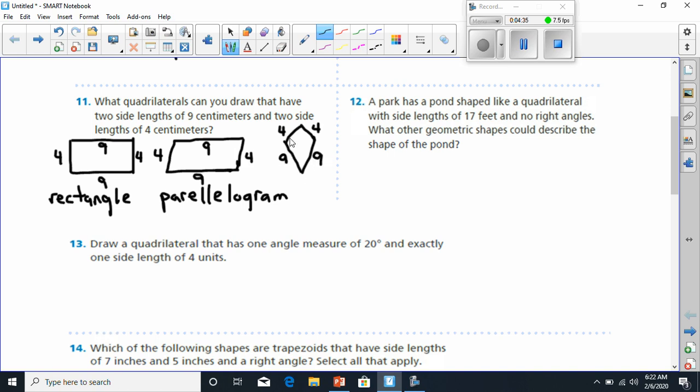I think this would fit because it never says they have to be parallel to each other. It just describes the sides, right? Draw that use 2 side lengths that are 9 and 2 side lengths that are 4. So it never says what the angles have to be. So I'm going to also throw in there a kite.